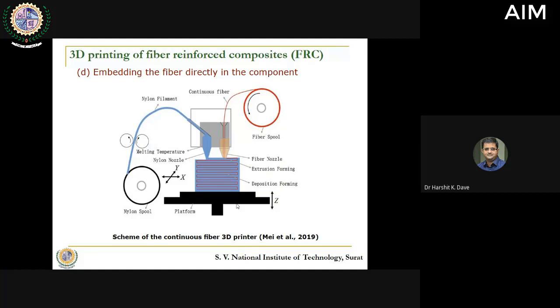That depends upon the proportion and the way in which you want to deposit the fiber inside this polymer. So accordingly the program would be generated, and layer by layer this would be printed up. More or less the process remains the same, but the strategy is slightly different.